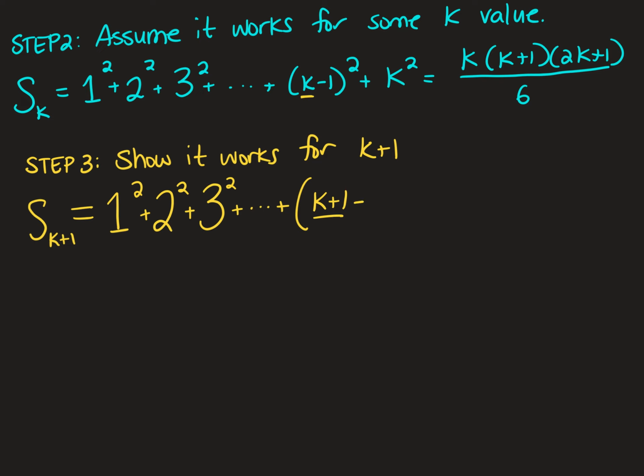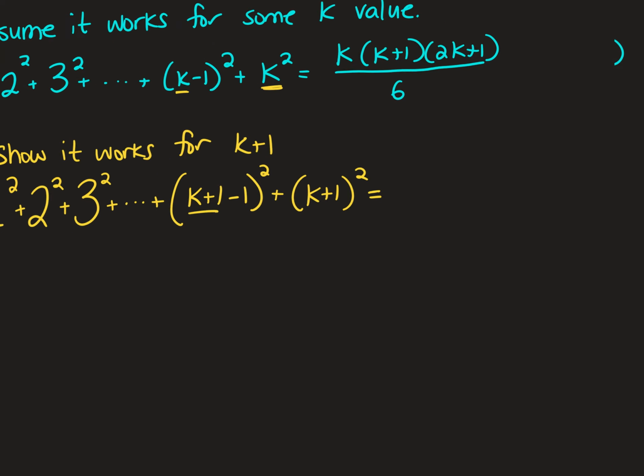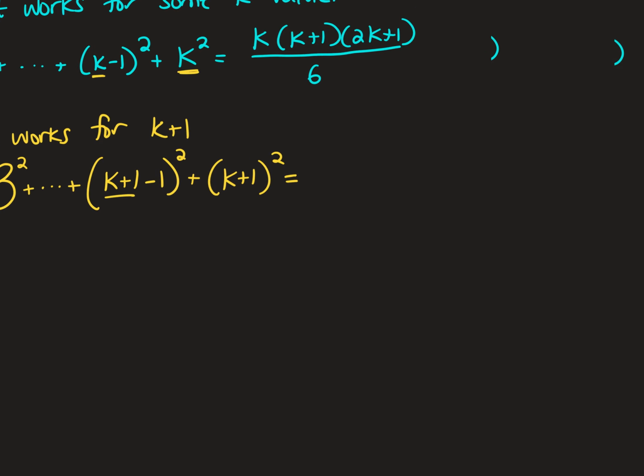Well, now I still have minus 1 squared. I'm going to replace this k with k plus 1. Now, since I was squaring k, I'm going to have to put that in parentheses. So k plus 1 squared. Equals. I have to do the same thing over here. I'm going to use a different color on the right side as we work through this. You'll see why. So that's k.